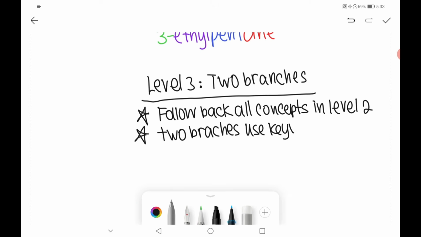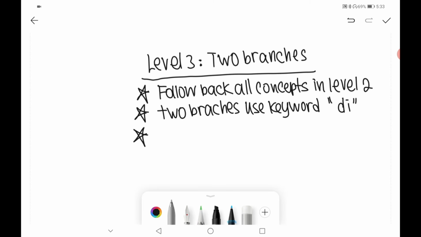The keyword is di. You need to add the word di. After that, when you have 1 branch, you need to give 1 address. So when you have 2 branches, you must give 2 addresses.